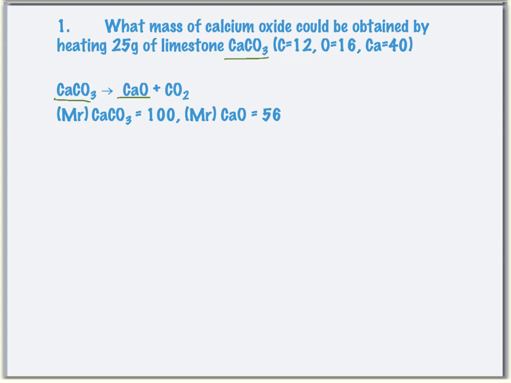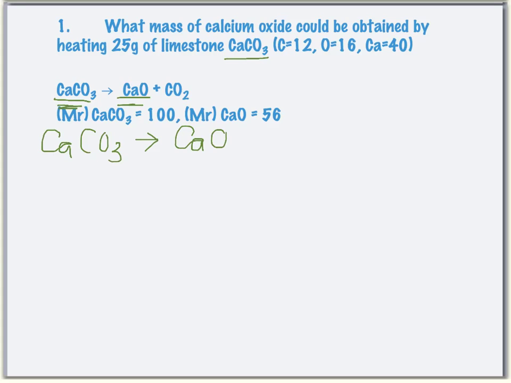First thing to notice when you see a balanced equation like this is that you've got to look at how many moles of calcium carbonate, or the limestone, makes how many moles of the calcium oxide. So we have 1 mole of calcium carbonate or limestone making 1 mole of calcium oxide.